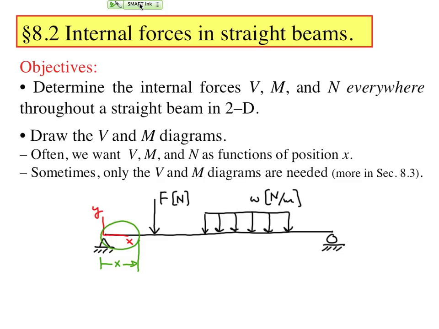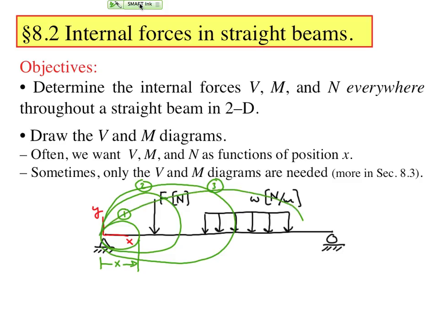One set before the discrete load, one set between the discrete load and the start of the distributed load, a third set within the distributed load, and a fourth set after the distributed load ends.